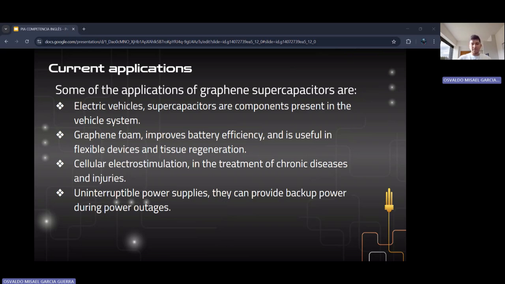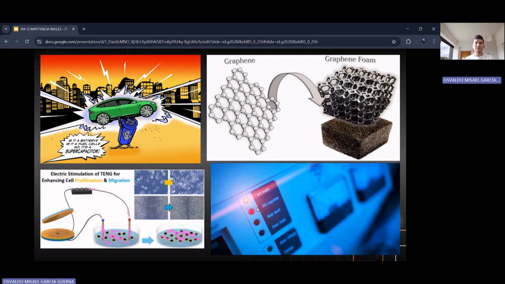Here I have some images that will explain it. In electric vehicles, supercapacitors could help improve them and integrate them more in the future, so we can also decrease CO2 emissions. The graphene foam, like I said, is made of interconnected graphene sheets. And cellular electrostimulation helps medicine with tissue regeneration.